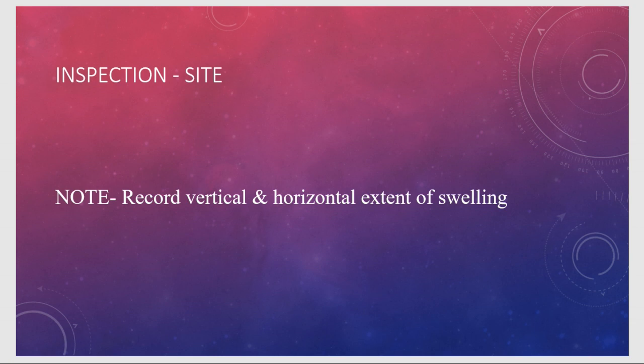And whenever we are inspecting this dermoid cyst, just visually record the vertical and horizontal extent of the swelling, and that we can confirm on palpation later on. So on inspection only observe, right?